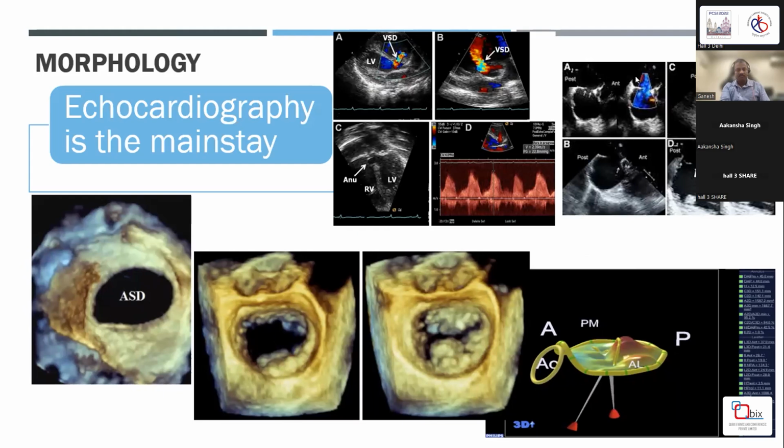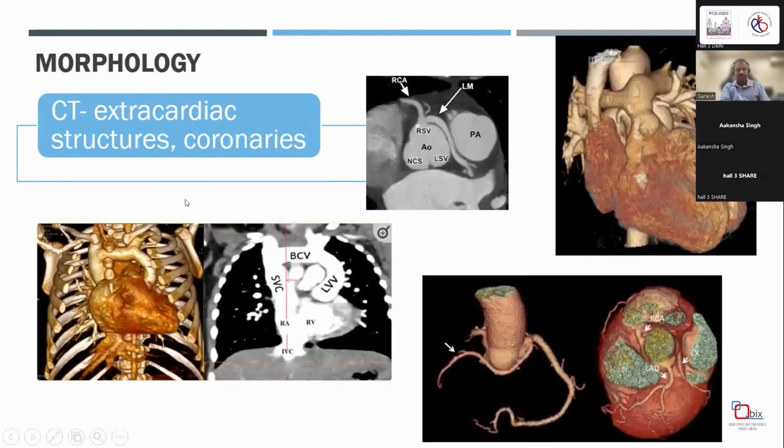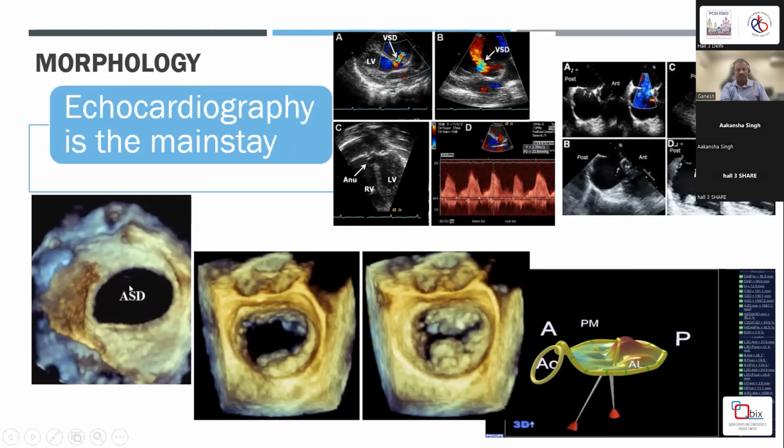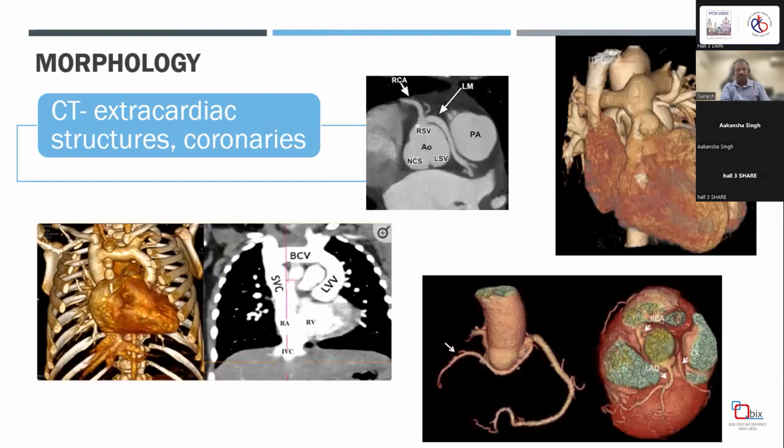So for those of you who are young budding cardiologists, there's nothing like doing a good echocardiogram. Take your time, be patient, and 99% of the time you can define the diagnosis by echocardiography. There is now transesophageal echo, wonderful 3D images are available, both live and in transesophageal echo, and very good delineation of the valvular morphology. So we have that as our first tool.